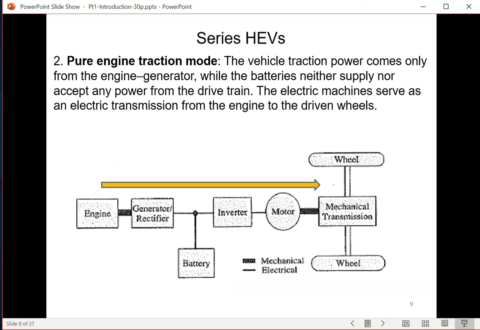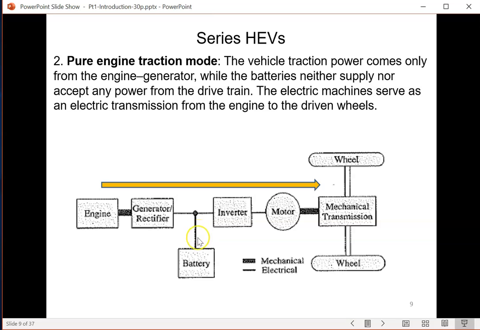But also, there's another mode where the energy to drive the car or vehicle is purely coming from the engine. Okay, so in this case, the battery does not do anything. It's not taking energy to store the energy.